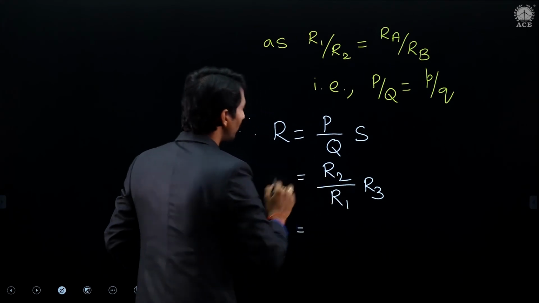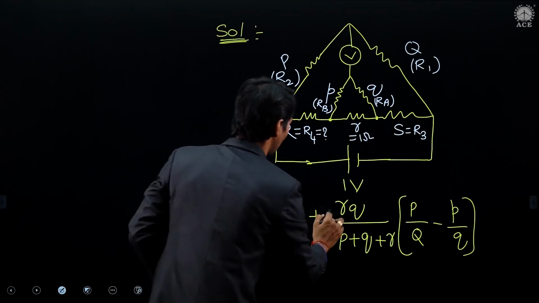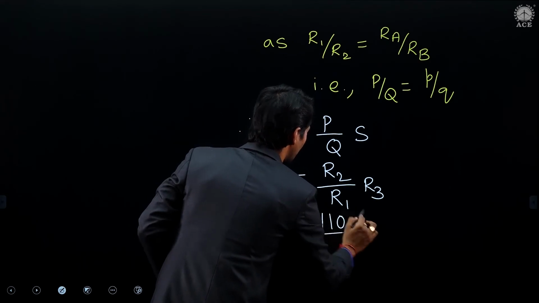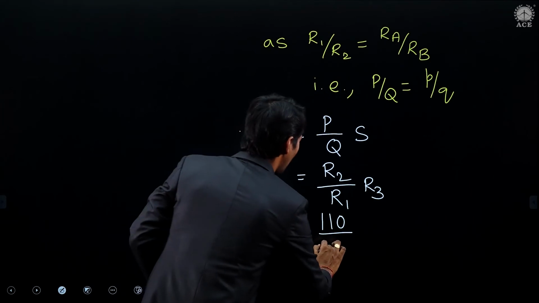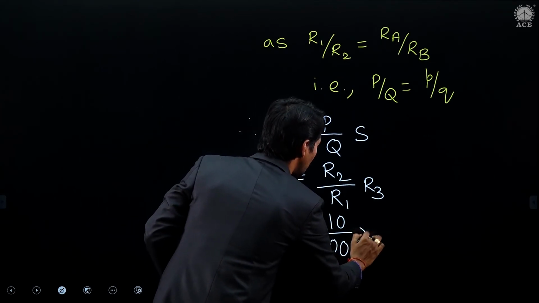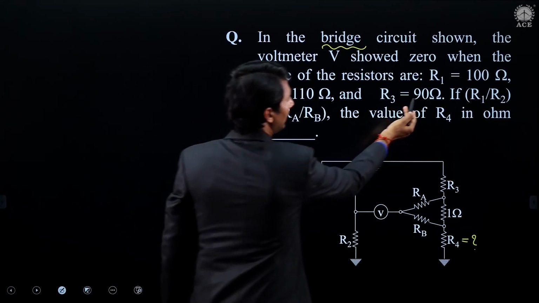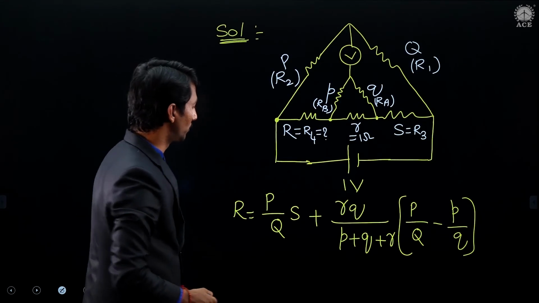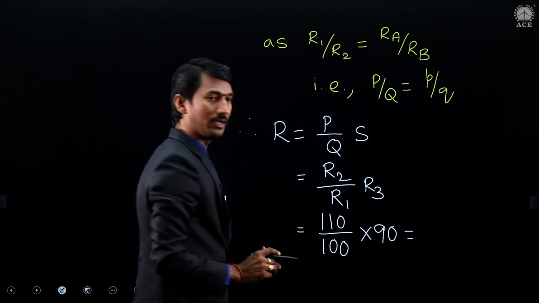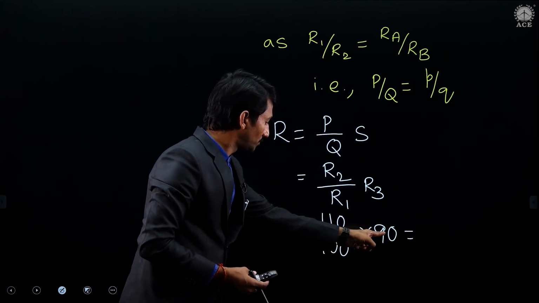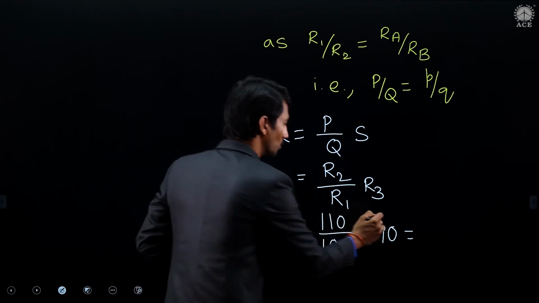What is R2 he has given? R2 as 110. By R1, 100, into R3. What is R3? R3 is 90 ohm. So, you will be getting 110 by 100 into 90. So therefore, simply 99 ohms.